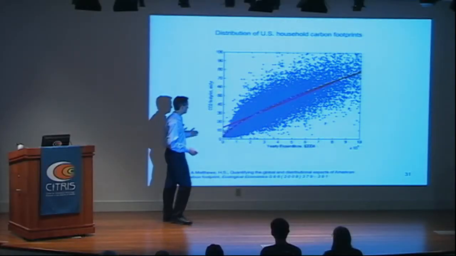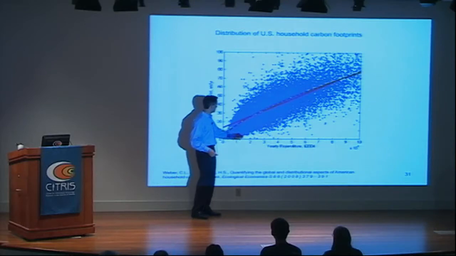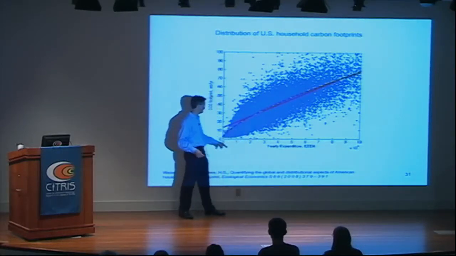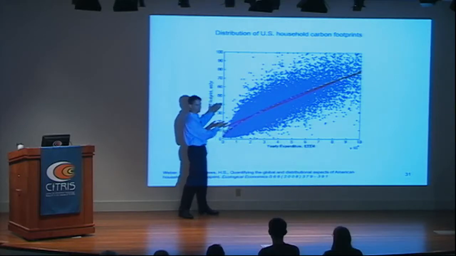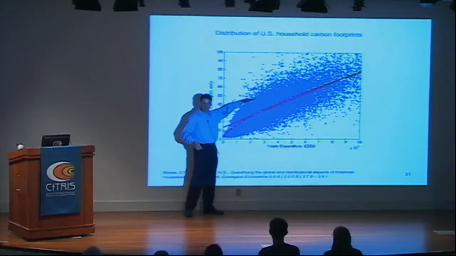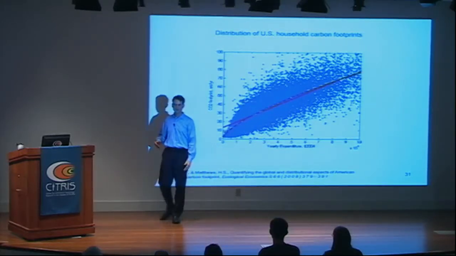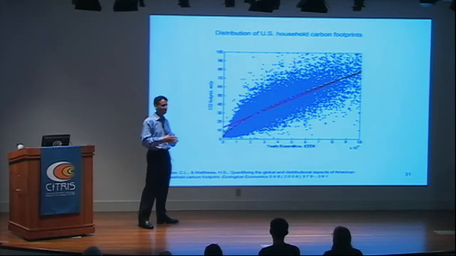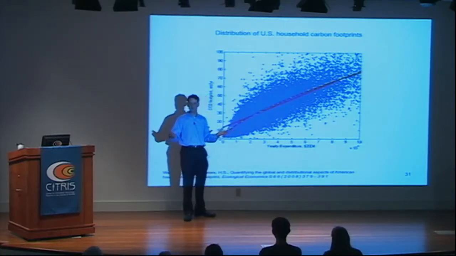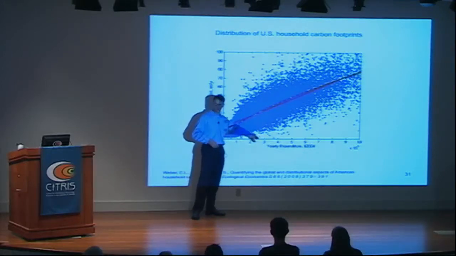So you could look at the typical household, say, in the $30,000 a year range, and the biggest part of this trend is anywhere between 10 tons of CO2 and 50 tons of CO2. That's a 5x change in the carbon footprints, the behavior, if you will, of households with similar income.